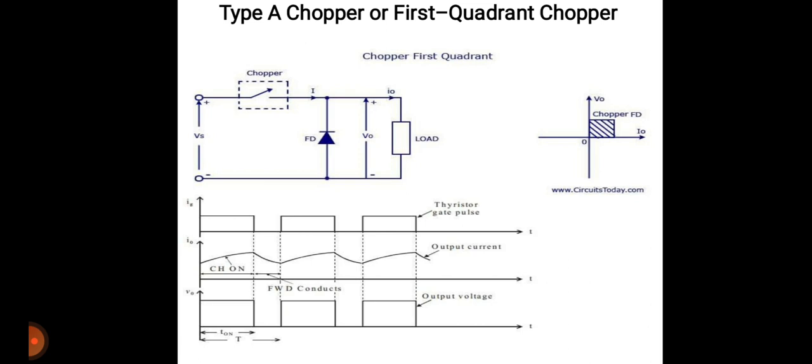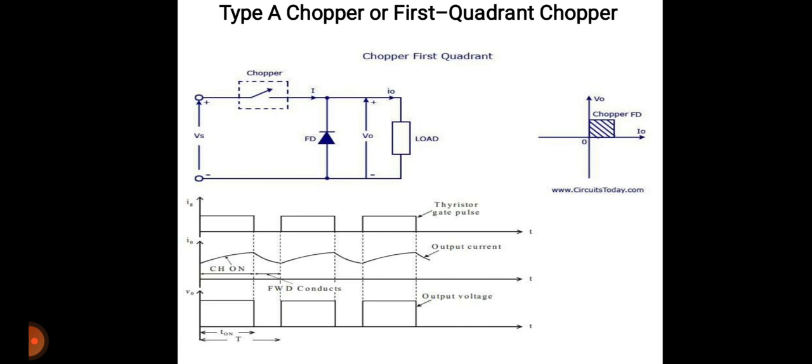Now the next one is the type A chopper, which is also known as first quadrant chopper. When chopper CH1 is on, V0 is equal to Vs, as shown in the figure.